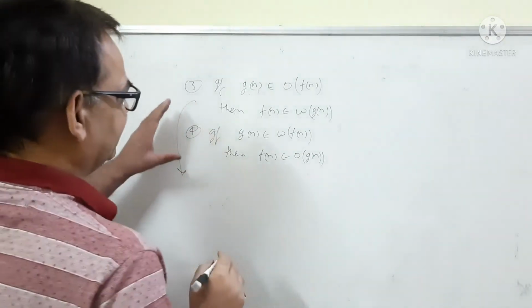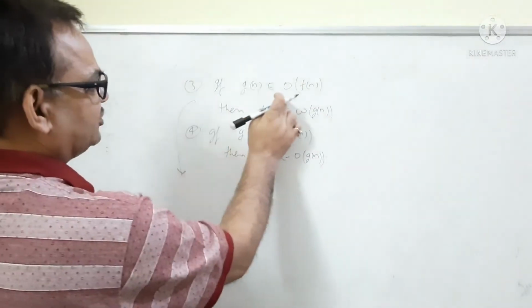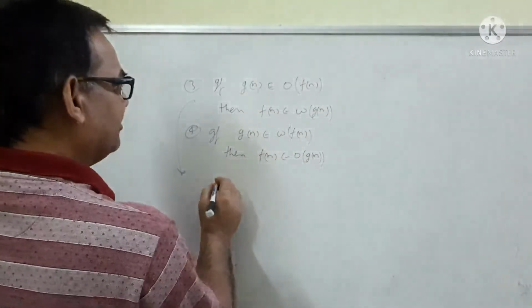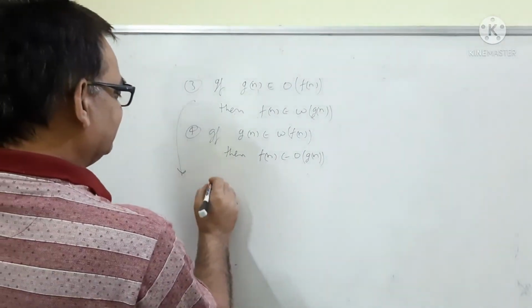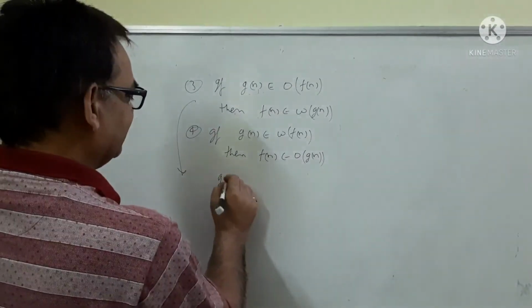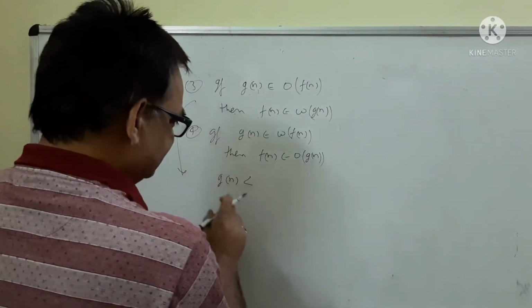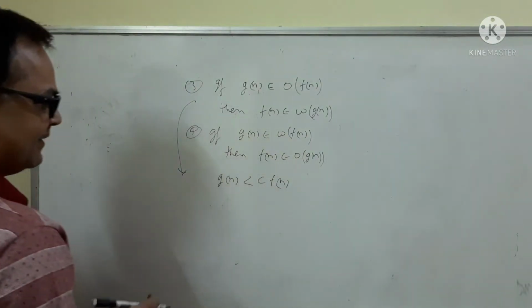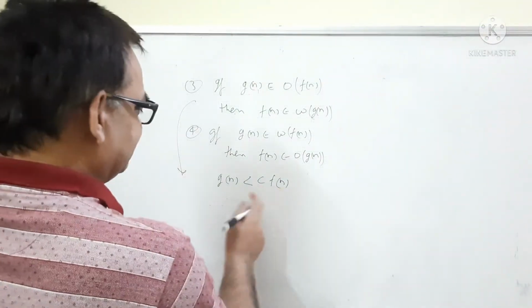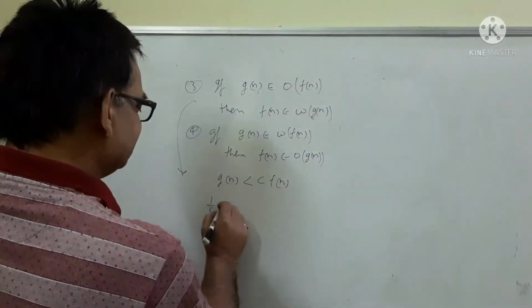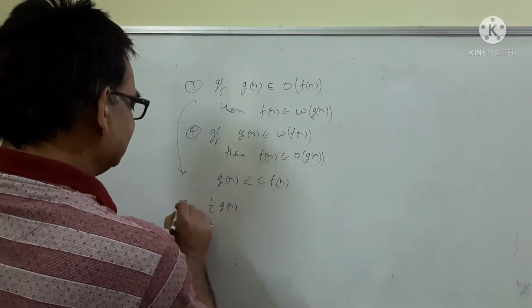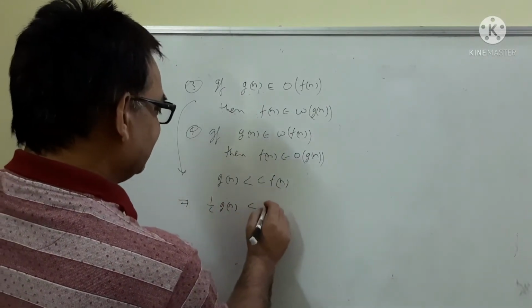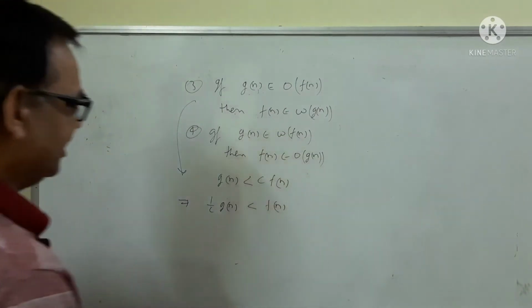Proof of 3, let us see proof of 3. Since g(n) belongs to little o f(n), we have for every positive constant C, g(n) less than C times f(n) for large values of n. Since C is positive, 1 by C g(n) is less than f(n) for large values of n.